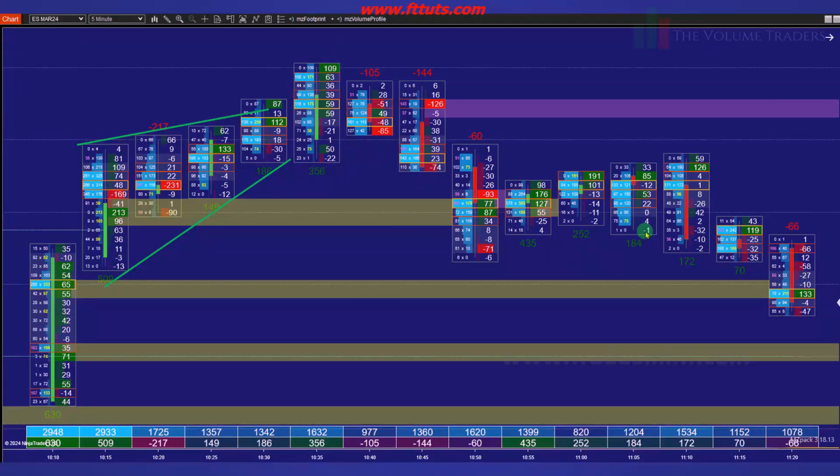The footprint chart was created by the Market Delta company and was released publicly in 2003. So it's amazing that it was over 20 years ago, and I heard about this for the first time about 3 years ago. So footprint charts are nothing new.